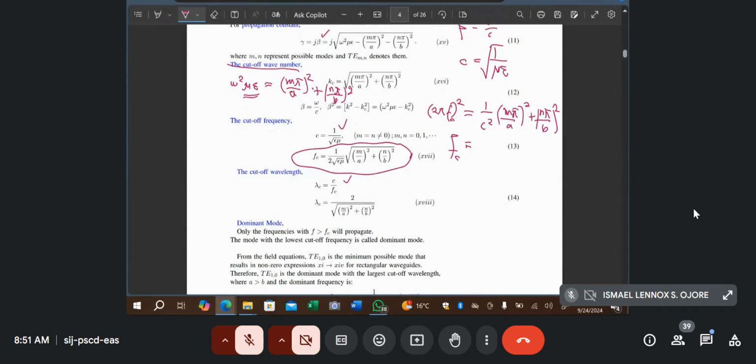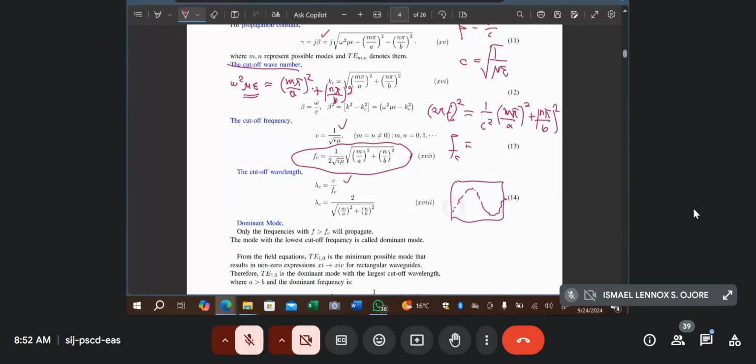Good. So cutoff wavelength is the maximum wavelength which occupies the size of the waveguide, or the width of the waveguide. So it's the maximum that will actually be within the waveguide.